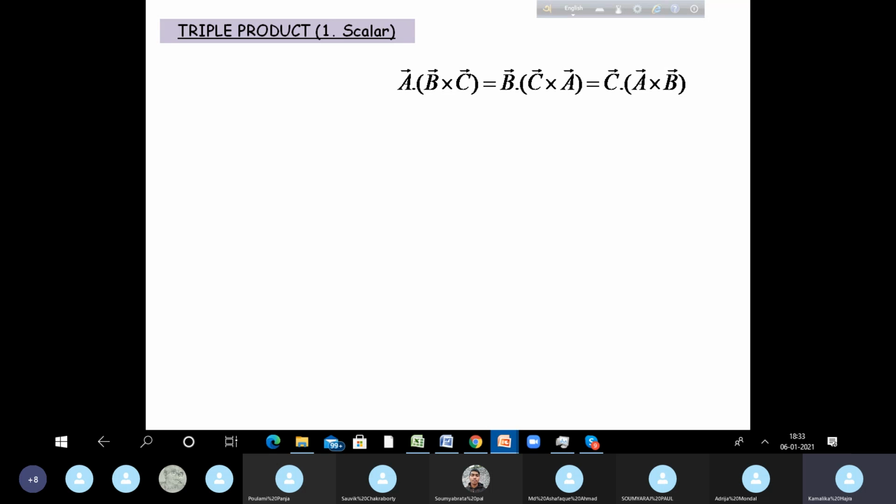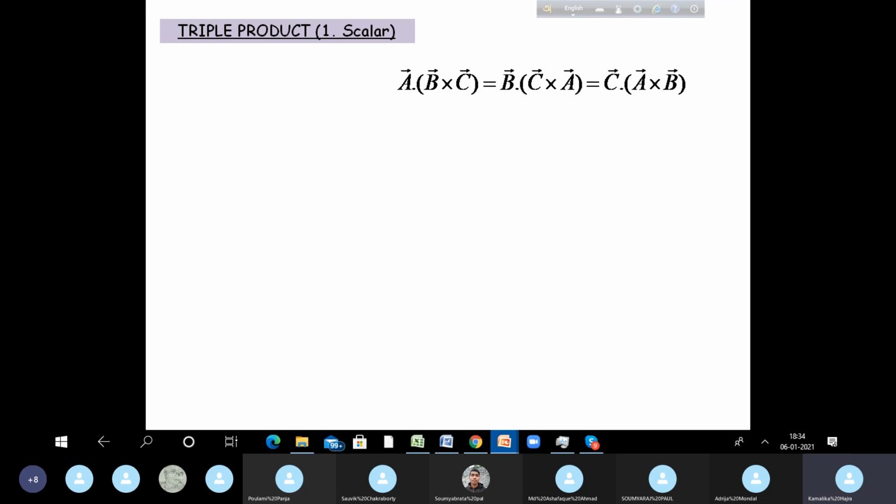And triple product can again be of two kinds. The first one is the scalar triple product, where the formula is given by this: A dot B cross C, or B dot C cross A, or C dot A cross B. Okay, so it is a combination of dot and cross, but since you are crossing two vectors and then dotting it with another, the result of course is a scalar. Clear?